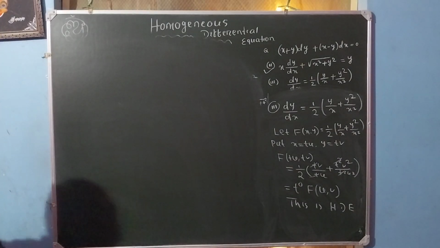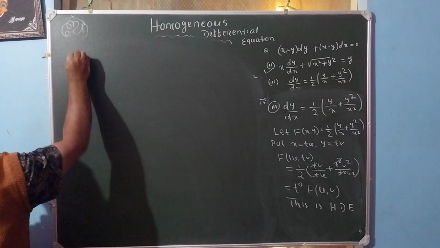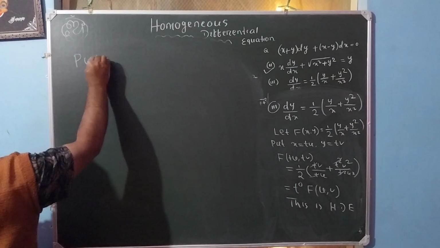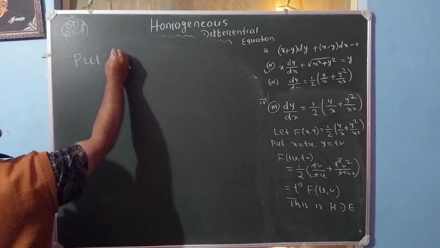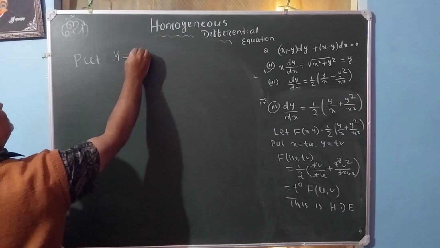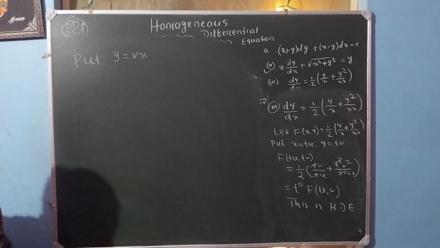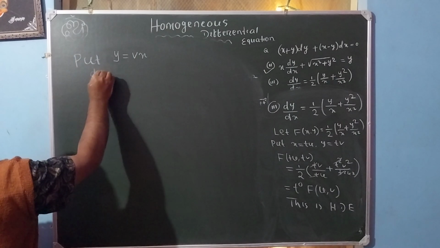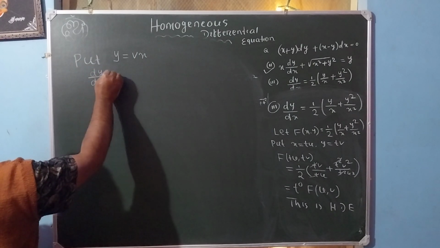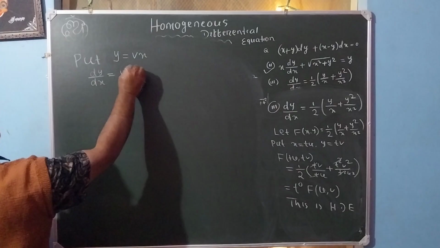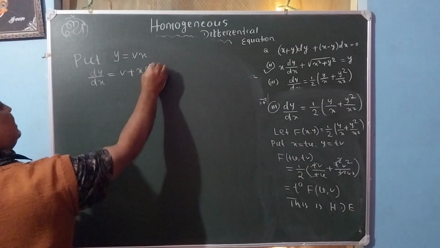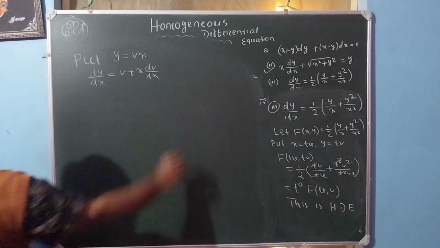Put y is equal to vx, so dy by dx is equal to v plus x dv by dx.